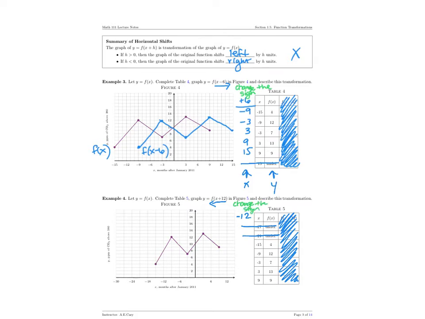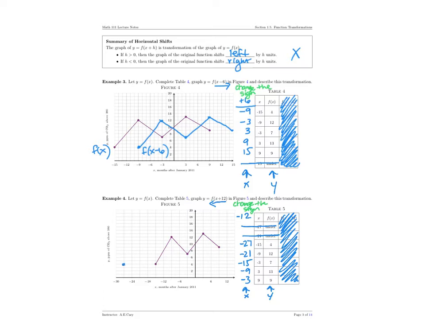I'm going to change the sign. So for us, that's going to become, let's see, negative 27, negative 21, negative 15, negative 9, and negative 3. So we're using these as our new x values. We're going to keep these as our y values, and let's count over.